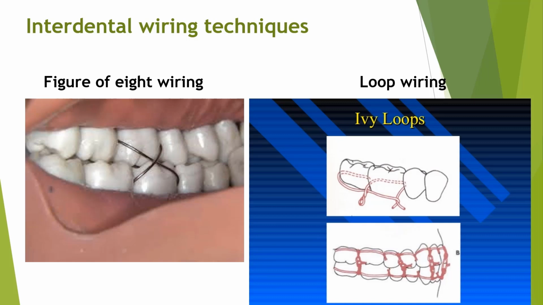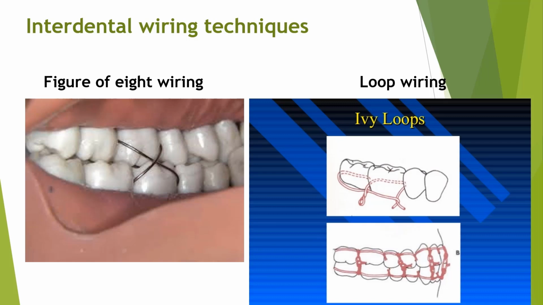There are several techniques for the interdental wiring. Figure of 8 wiring, using soft stainless steel wire around the abutment teeth and the subluxated tooth in a figure of 8 manner. They can also be used as a temporary form of immobilization. The second technique, loop wiring, provides slightly better immobilization for subluxated teeth.